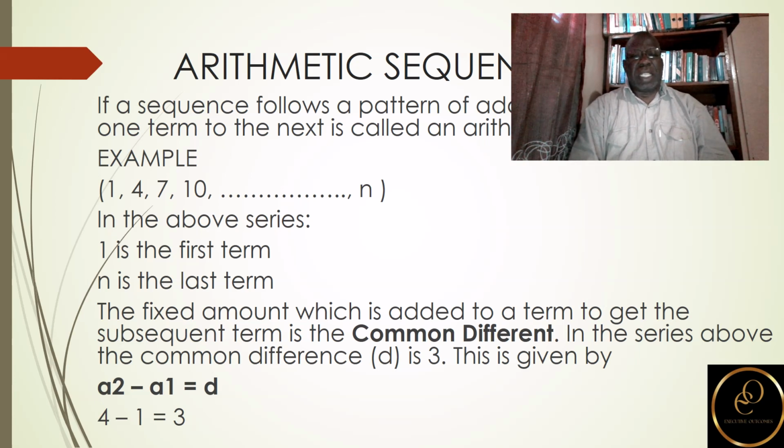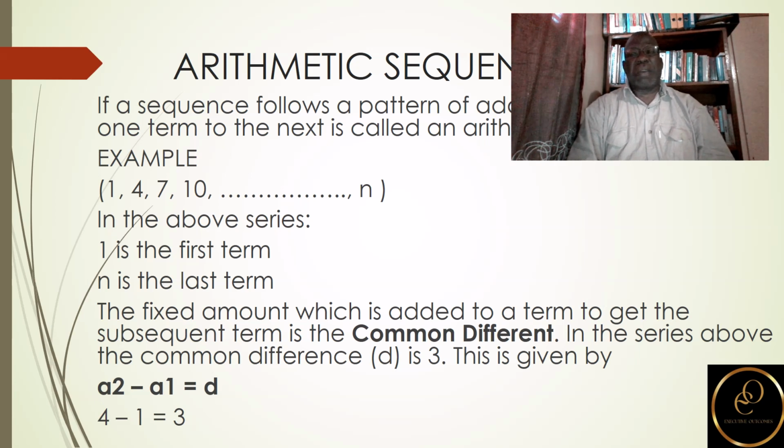As I've said, the fixed amount which is added to get the next number is called the common difference.